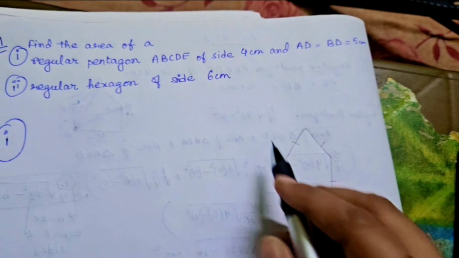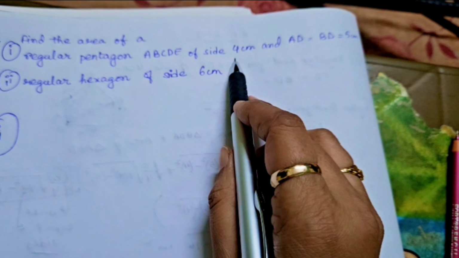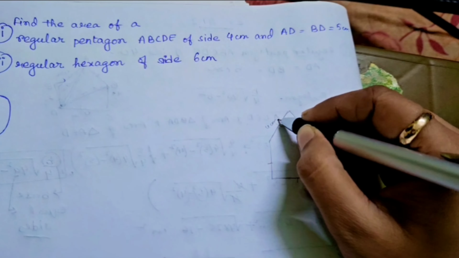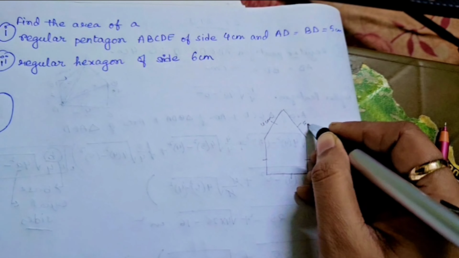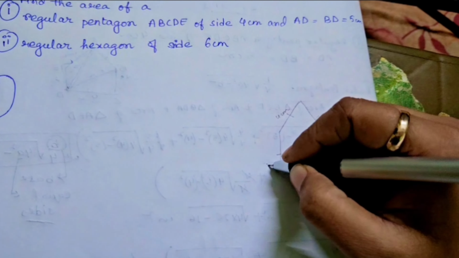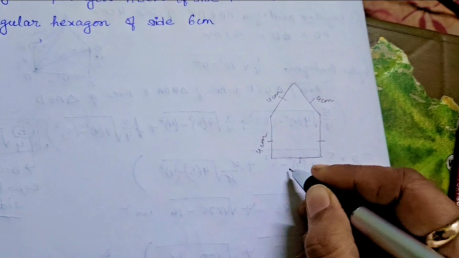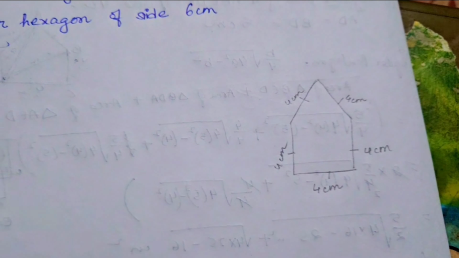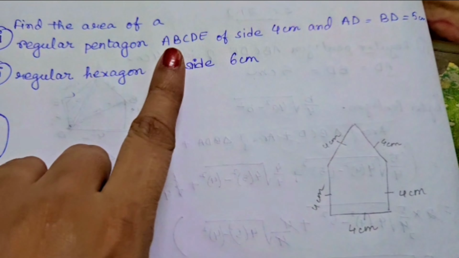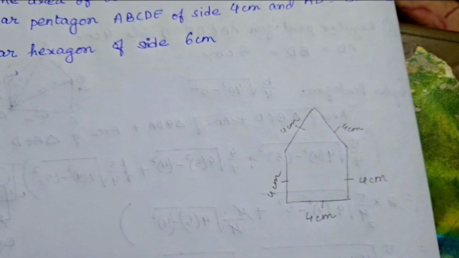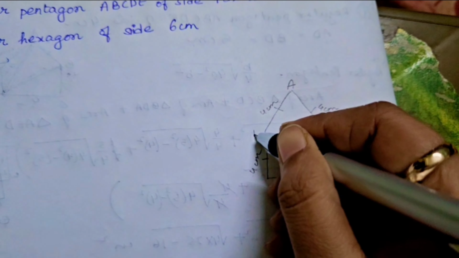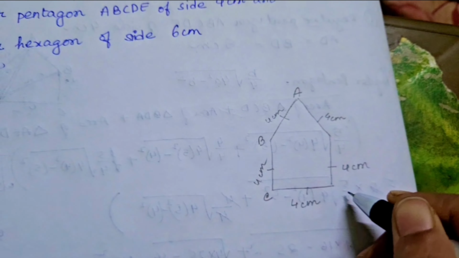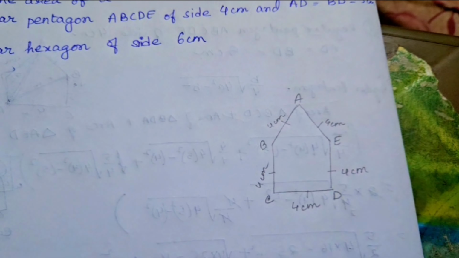So regular pentagon ABCDE of side 4 cm. If this is 4 cm, this is also 4 cm, this is 4 cm, this is 4 cm, and this is 4 cm. Clear? And we have to name it ABCDE. So we put the name over here, A, B, C, D, E.